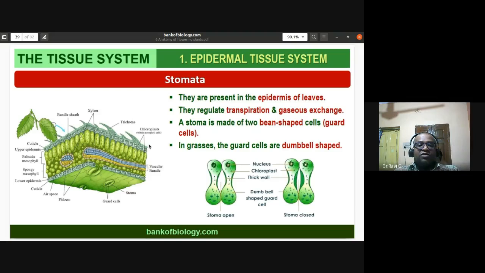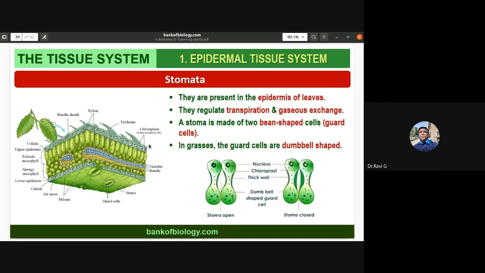So the distribution of stomata in dicot leaf is towards the lower epidermis, hypostomatic. And in monocot leaf it is both in the upper and lower epidermis. Since they are equally distributed, we call it amphistomatic.